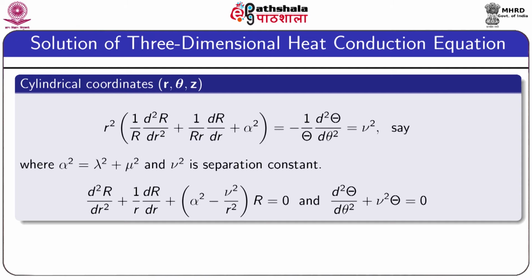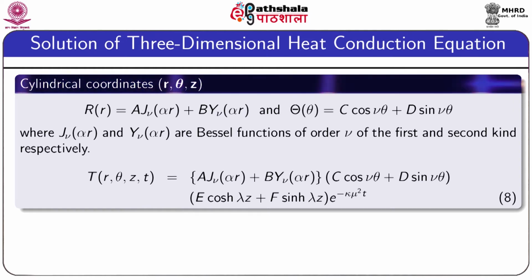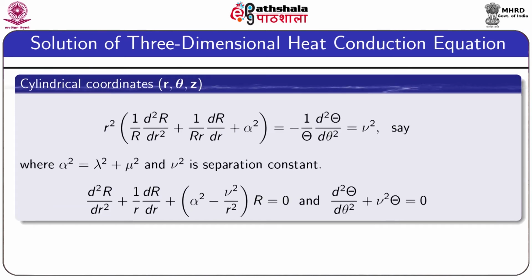Now, we are trying to find the solution for capital R and capital Theta. The theta equation gives the solution written here, capital Theta equals C cos nu theta plus D sin nu theta. If we observe the capital R equation, this is again a Bessel equation of order nu.